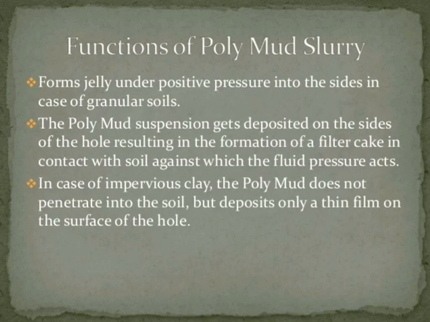Now, function of polymer slurry. It forms a jelly under positive pressure into the sides in the case of granular soil. The polymer slurry suspension gets deposited on the sides of the hole, resulting in the formation of a filter cake in contact with soil against which the fluid pressure acts. In case of impervious clay, the polymer does not penetrate into the soil but deposits only a thin film on the surface of the hole.